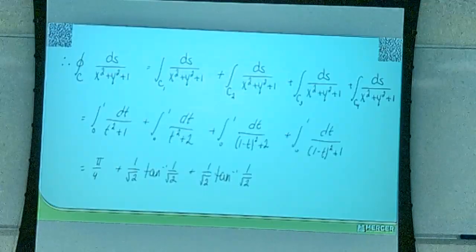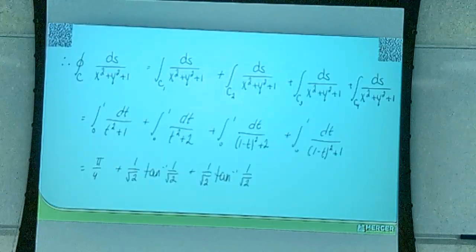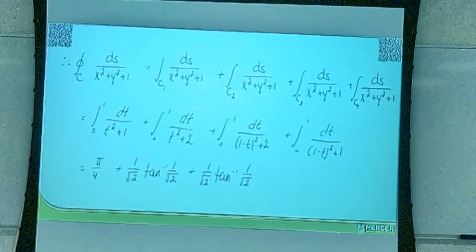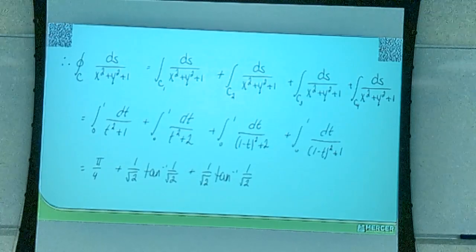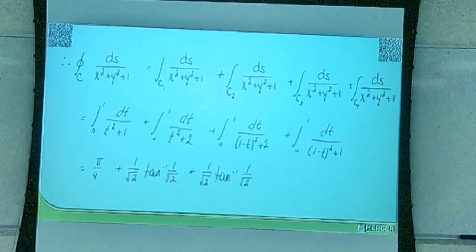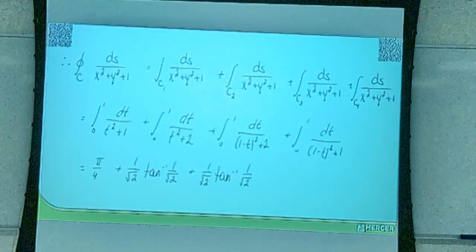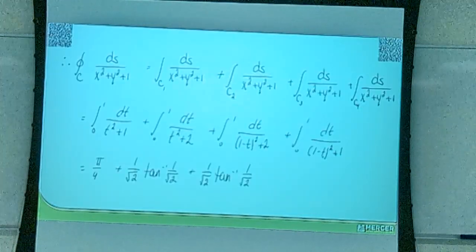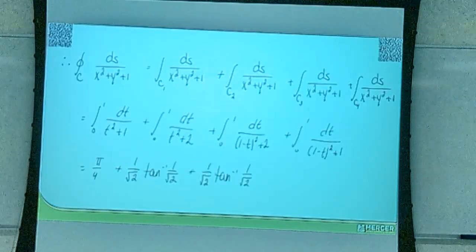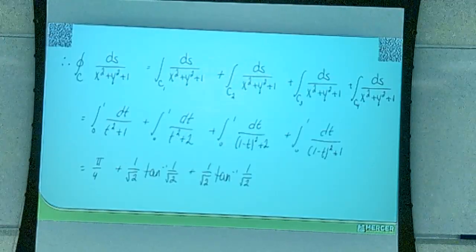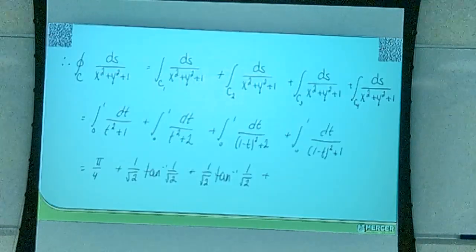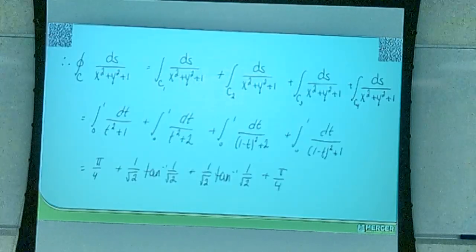1 over root 2 inverse tangent of 0 is 0. Minus 1 over root 2 inverse tangent of 1 over root 2 at t equals 0. But remember, that has to be multiplied by minus 1 because you had to do 1 minus t u sub. So that becomes plus 1 over root 2 inverse tangent of 1 over root 2. And same argument for that last one.